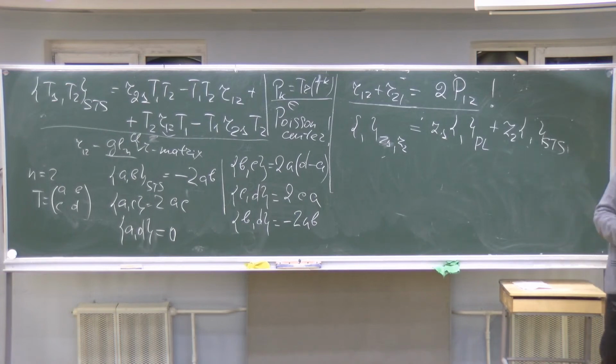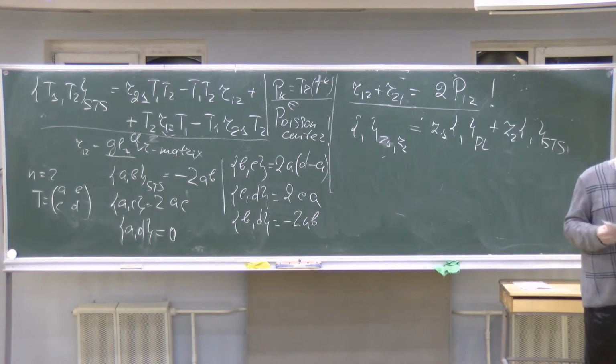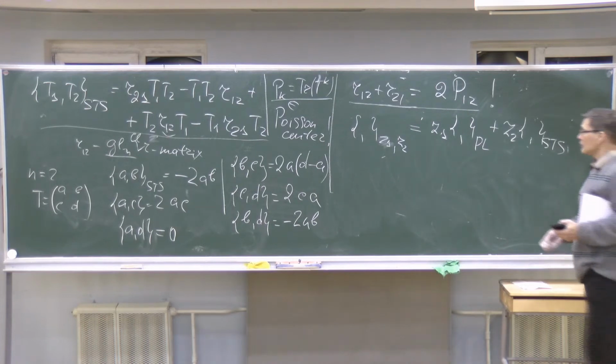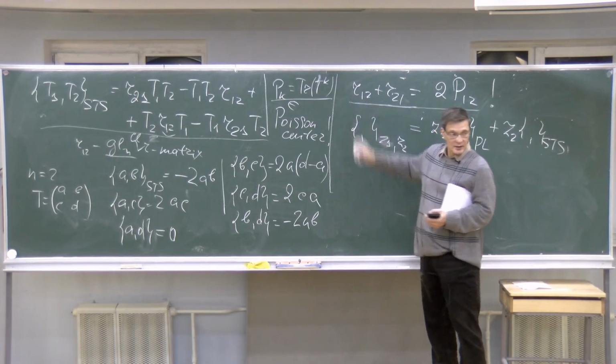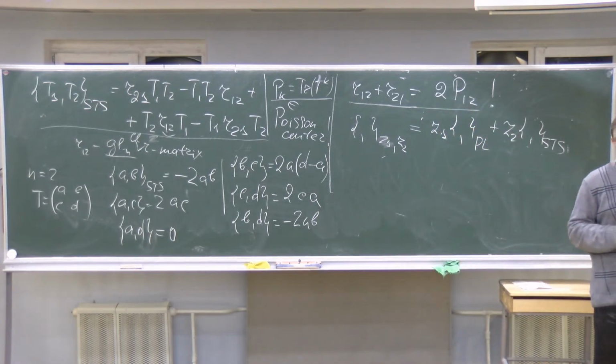Can I ask, is the whole center generated by these elements, or is it bigger? It is not bigger, I think. I do not know a rigorous proof of this, but for the GLn R-matrices, it's more or less evident from some continuity arguments.